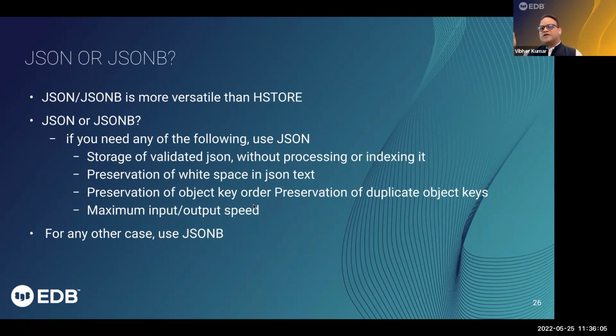But if you want to look for a specific key and value, or you want to search for specific data inside the JSON document, then JSON may not be the right solution for you. You would like to go with JSONB, which is more feature rich, which has more operators. And the way it stores the data allows you to access specific components out of your JSON data.